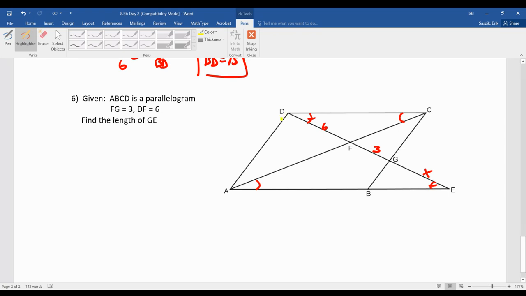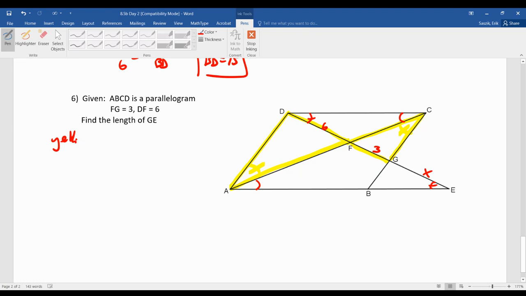So these yellow triangles, I hope you agree, are going to be similar, right? Because we have those angles there, and you got vertical angles, right? So they're going to be similar by angle. And this 3 is going to correspond to the 6.